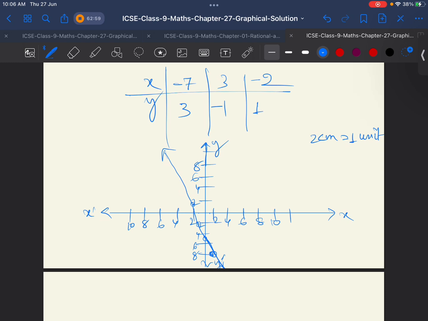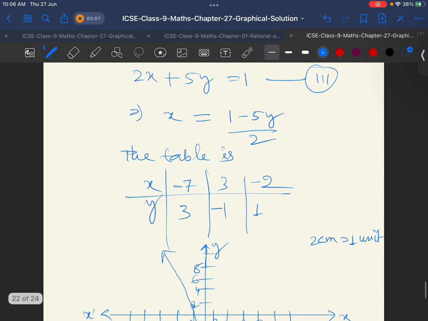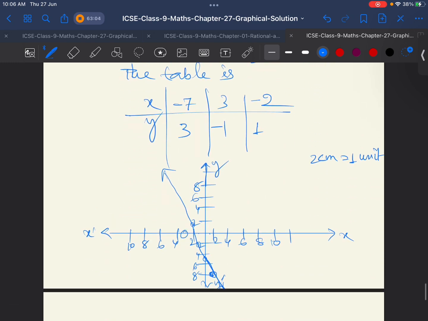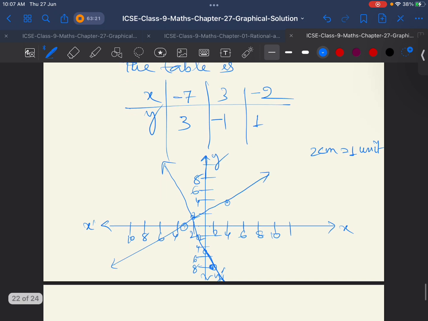For the second equation, minus 5 0 is here, and minus 2 1 is here, 4 3 is here. So now we draw the line. This is the line. And for the third equation, we plot these points.